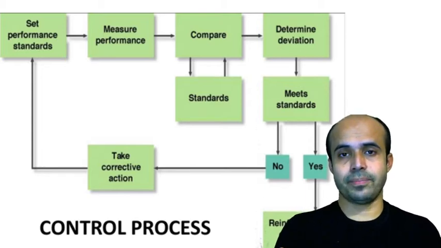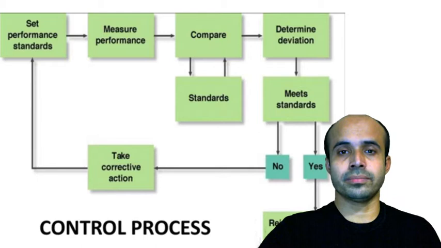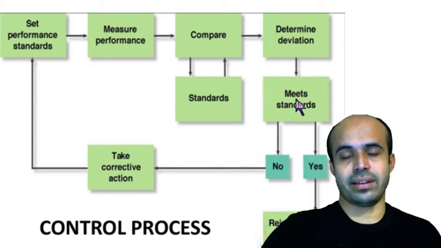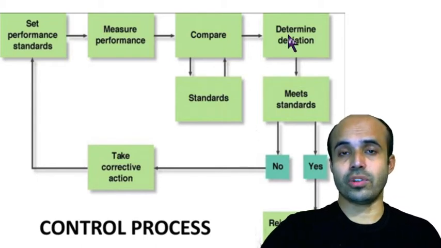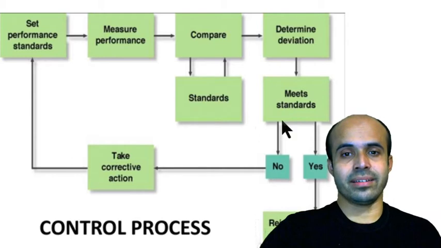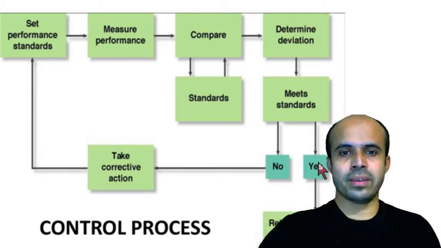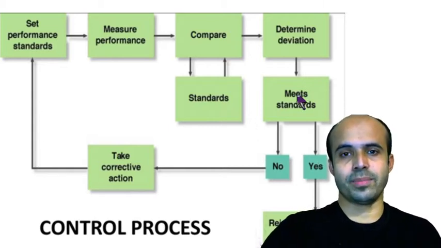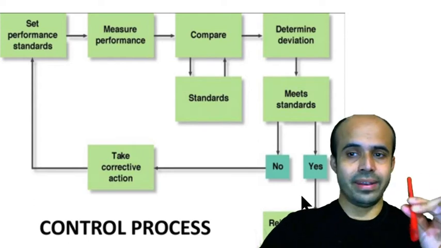If a deviation comes out, then we have to meet the standard, because this deviation will not remain here. If the answer is yes, if the standard is met when I compare, then it will continue work. It means that it is done.